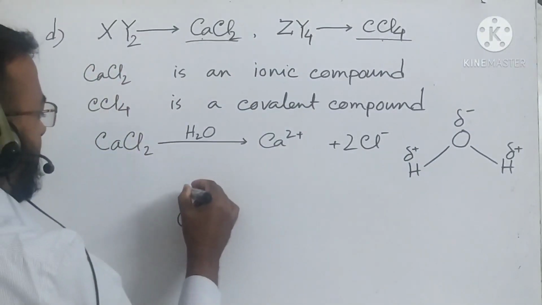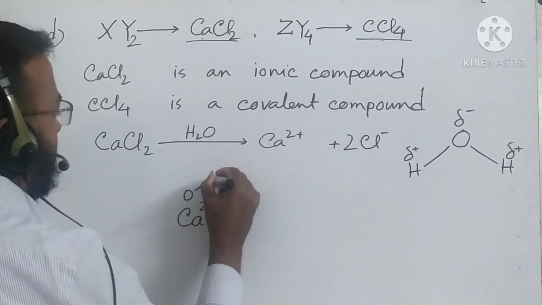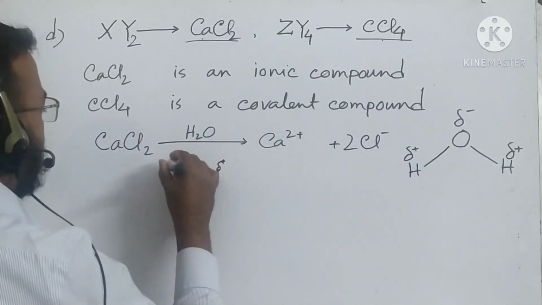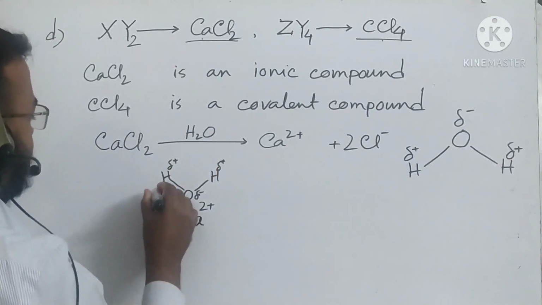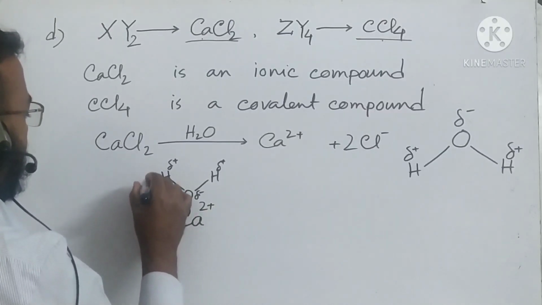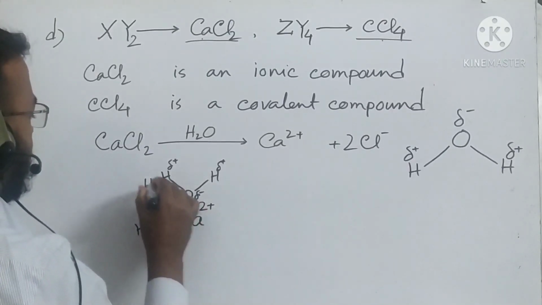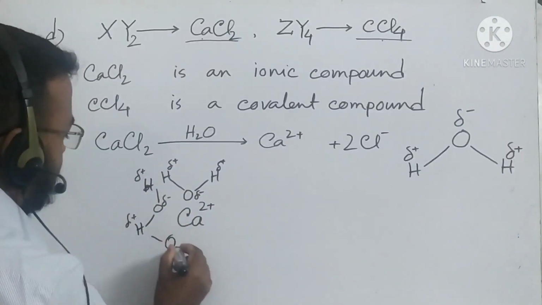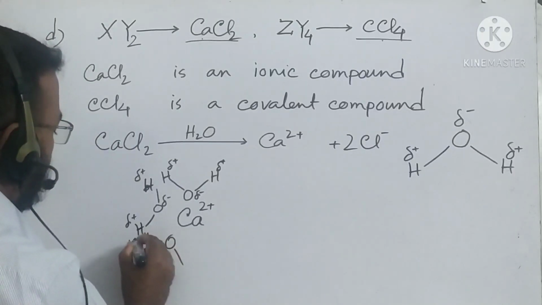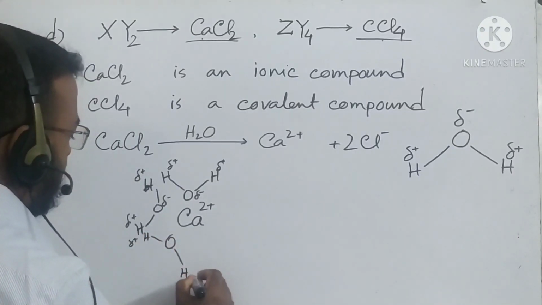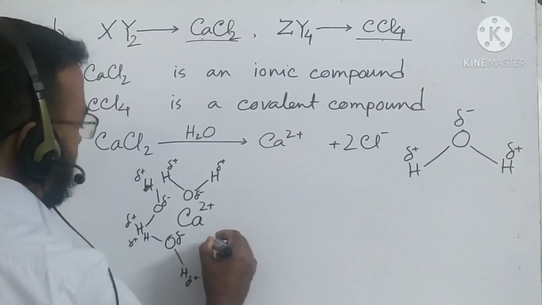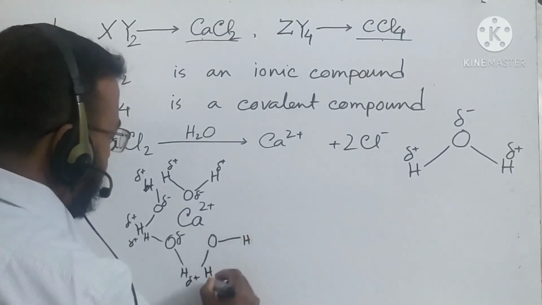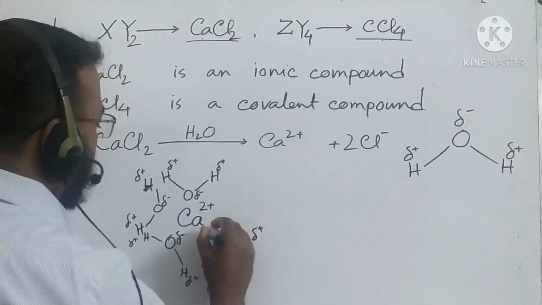So the negative part will come nearer to the positive part, then it is like this, delta minus, delta plus, then hydrogen, oxygen, hydrogen, delta plus, delta minus.